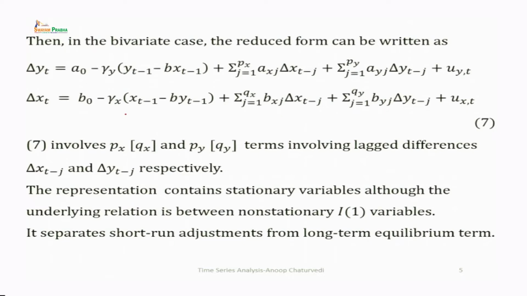Similarly, delta x t involves q x lagged values of delta x t and q y lagged values of delta y t. Then the representation contains stationary variables, although the underlying relation is between non-stationary I(1) variables. So, your original process was involving I(1) variables, but this error correction representation has all stationary variables.